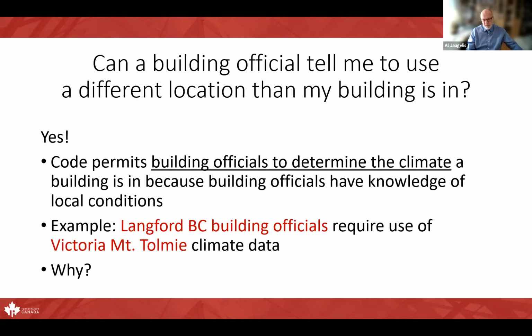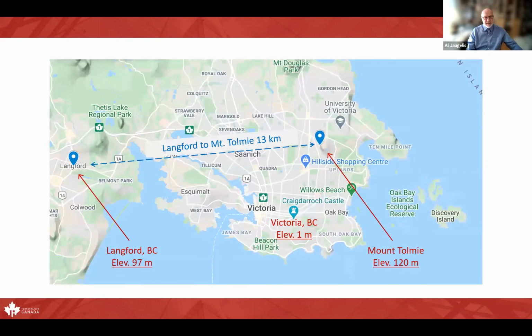An example we know of is Langford, British Columbia, which you can see located on the left here, where the building officials have decided that the building code information for Langford for wind and snow and rain is not correct.